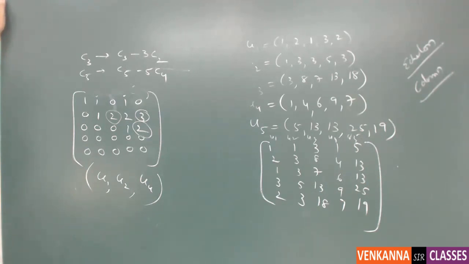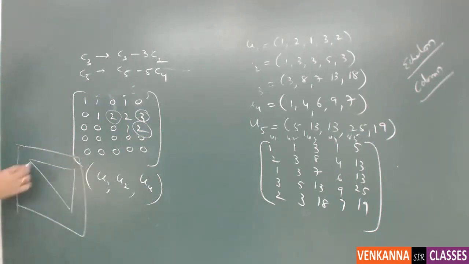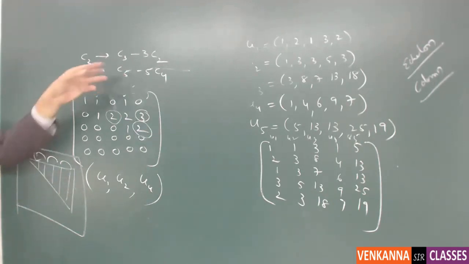The selection is arbitrary. Whenever, after applying the row operations, you get an upper triangular matrix, the form of the matrix will be like this. In this upper triangular matrix, you are checking for the columns which are dependent on the previous ones. Those columns, on observing the column operations, you can eliminate them.